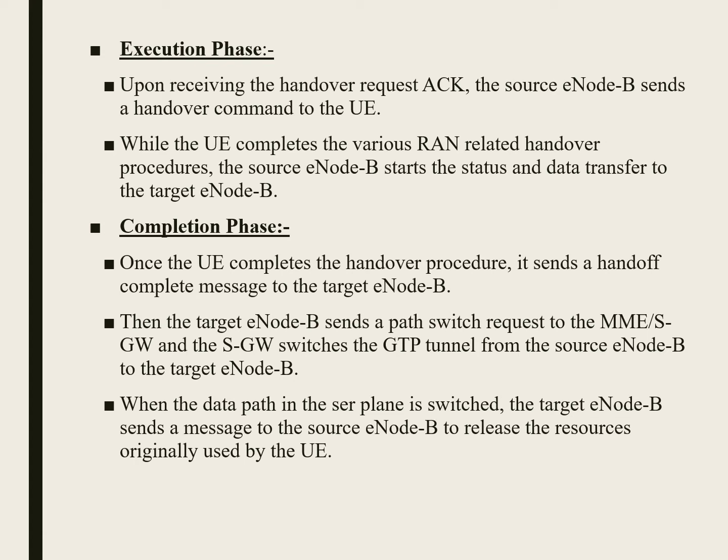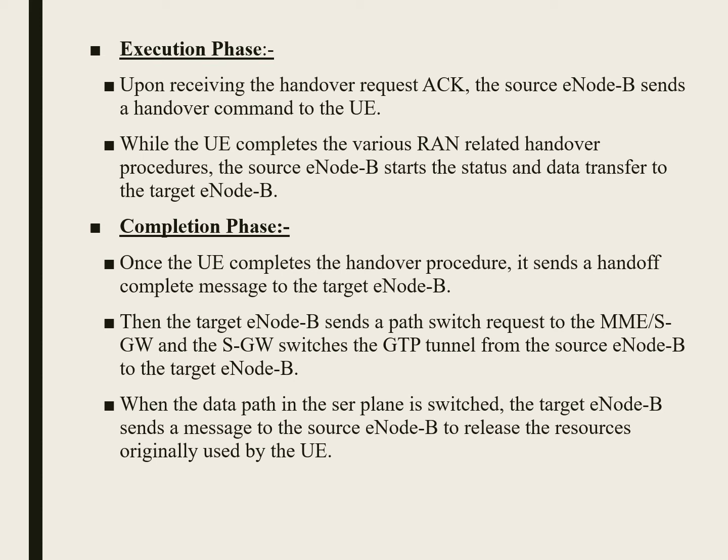In the execution phase, upon receiving the handover request acknowledgement, the source eNode sends a handover command to the user equipment. While the user equipment completes the various radio access network related handover procedures, the source eNode starts the status and data transfer to the target eNode.